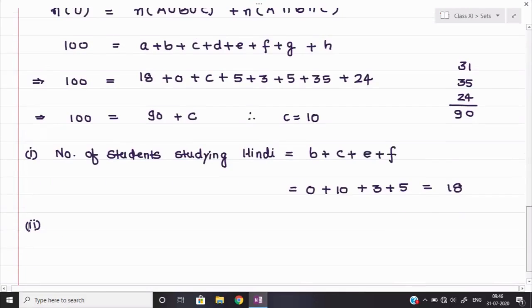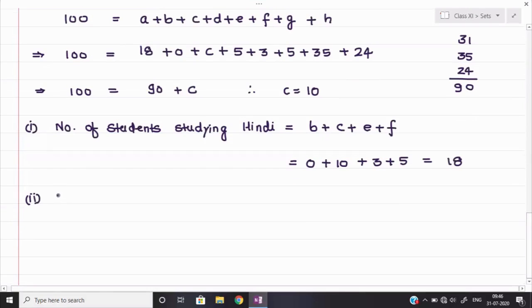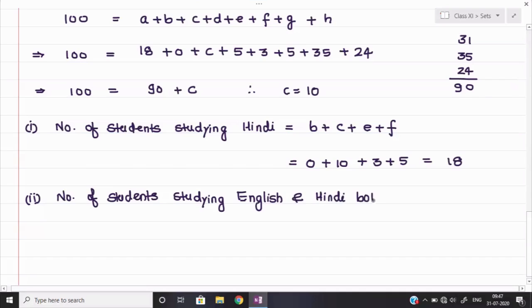So write down the number of students studying English and Hindi both is equal to B plus E. Now the value of B we know is 0 and E we have kept here as 3.